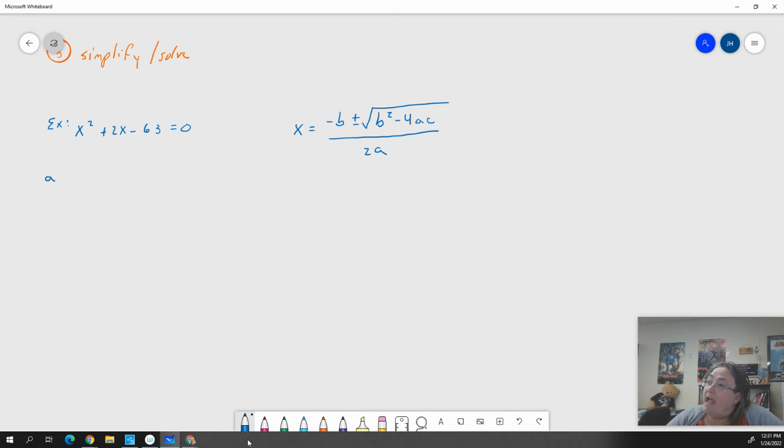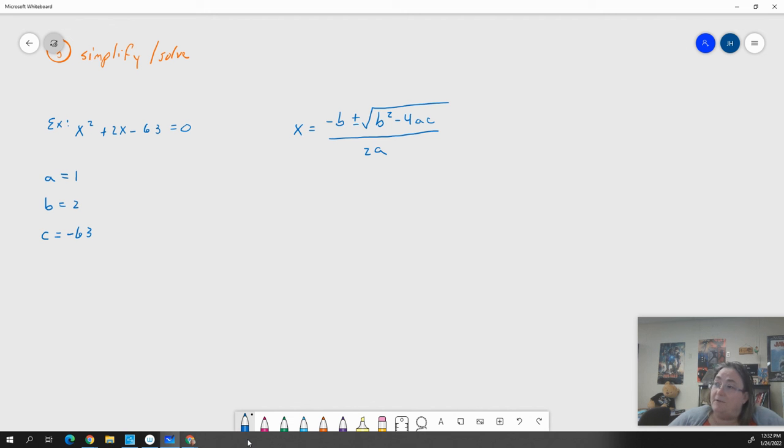In this case, we don't have anything in front of that x squared, so our A term is just 1. In front of our x, we have a 2. And our constant at the end here is just negative 63. So we know what our A is, B is, and C is.